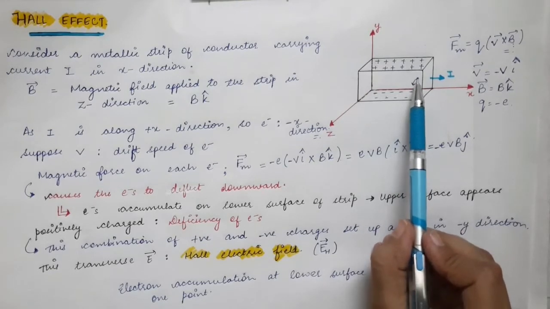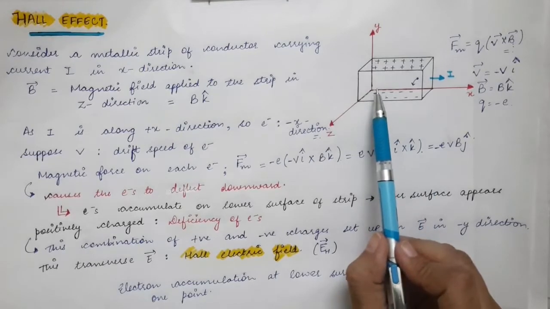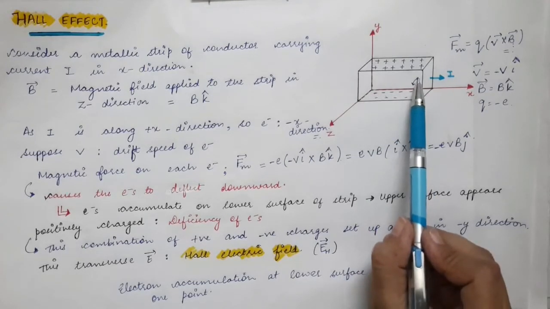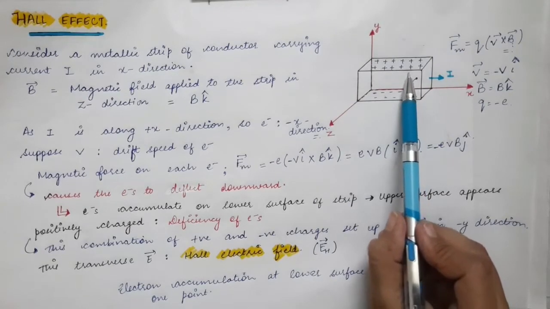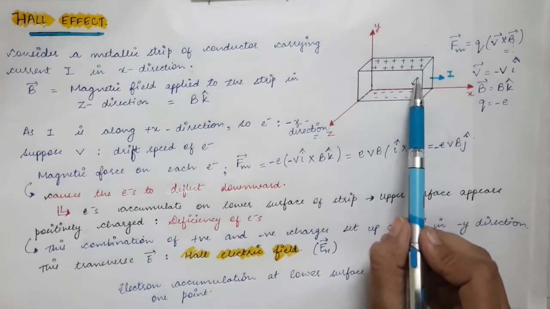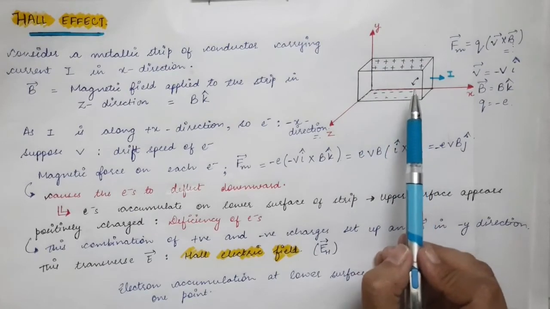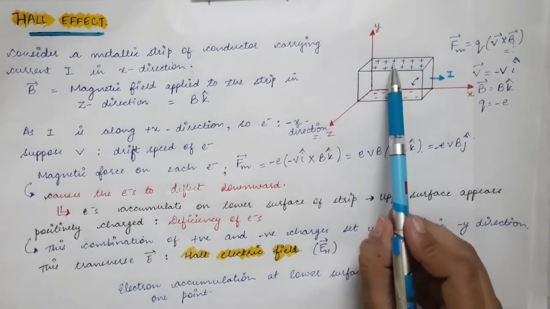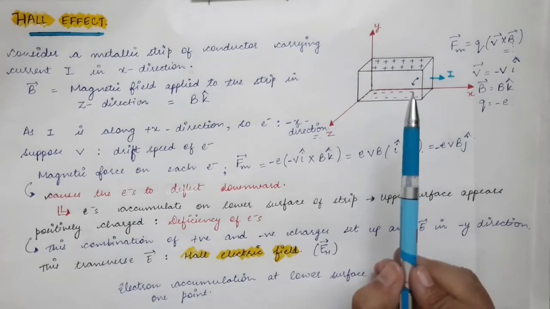Due to that, no further accumulation of charges will take place, and the net force on these electrons will be zero. So they will not be deflected in the downward direction and they will not be pushed in the upward direction. The net force on these electrons becomes zero and hence accumulation of charges will stop on the two surfaces, and the electric field achieves its maximum value.